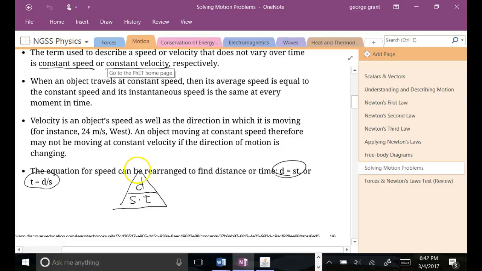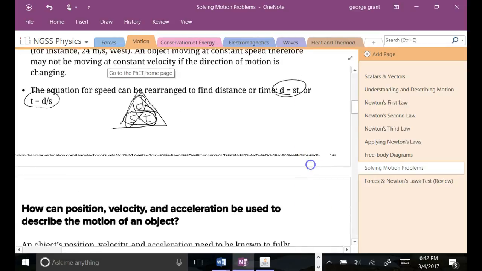So if I cover up the d, I'm left with s times t. If I cover up the t, I'm left with d over s. And if I cover up the s, I'm left with d over t. Okay, so that's a way to check your work, but please, it is no substitute for algebra.